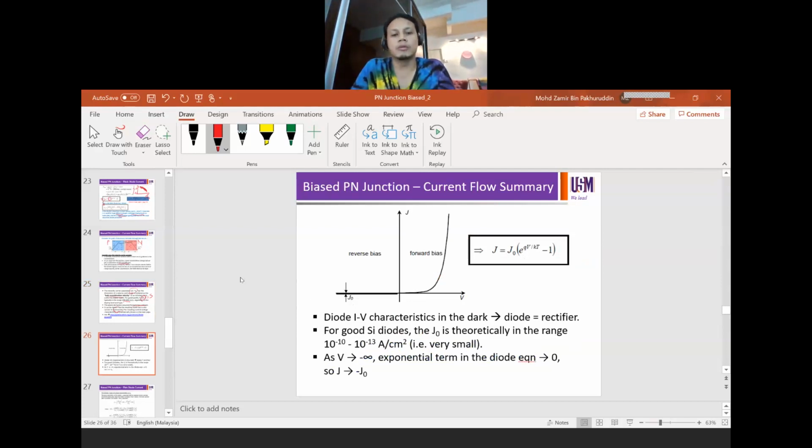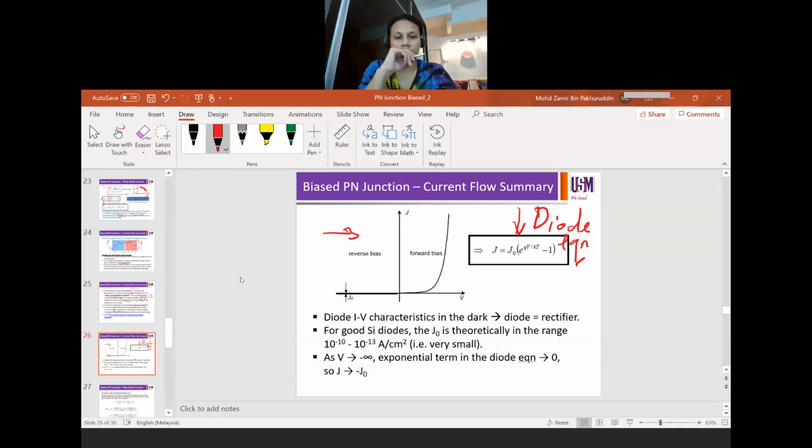Okay, so if you plot the equation that we just obtained, this is the diode equation, you're going to get a curve like this. J is equal to J naught times exponential QV over KT minus 1.